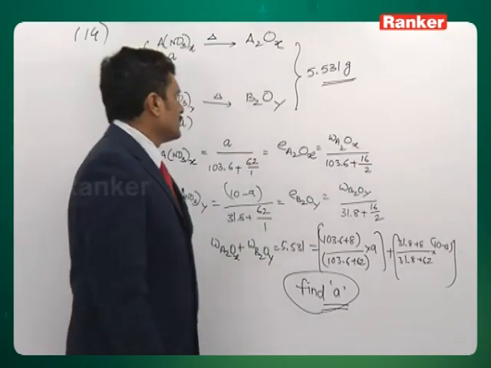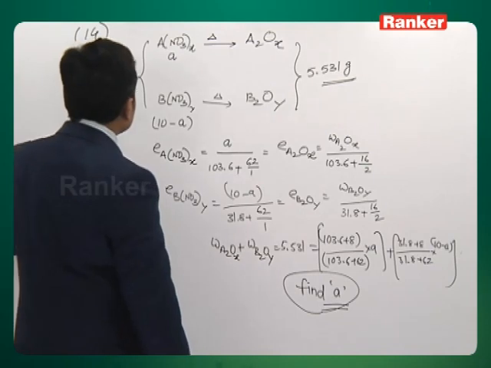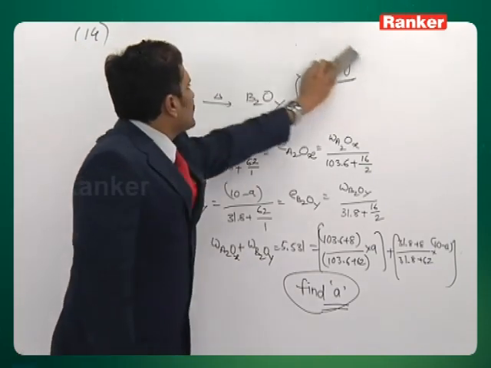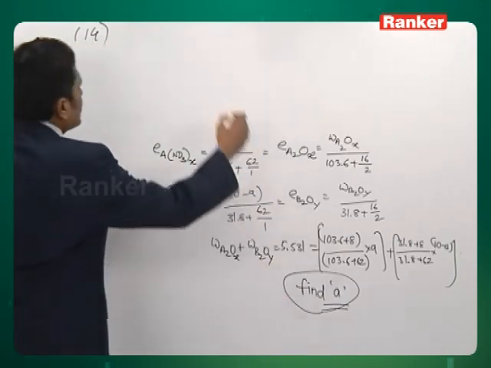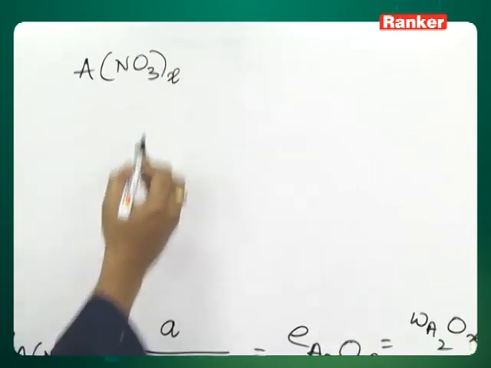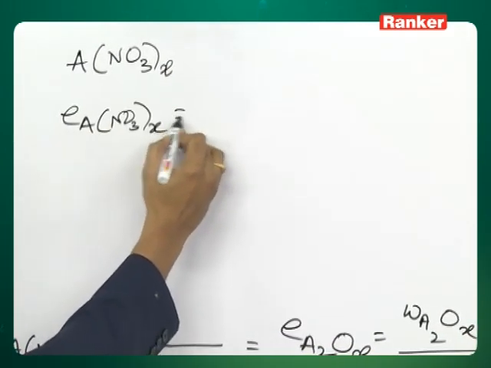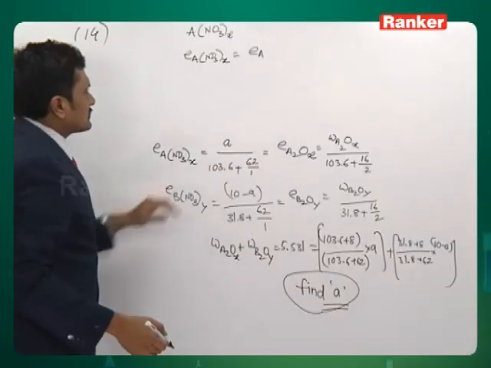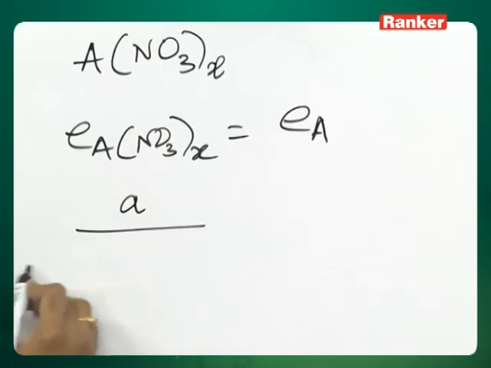After finding out the value of A, we will be using that to find the percentage of A in the mixture, because you know that A is present only in the first compound, and you know that the gram equivalents of ANO3 taken X is equal to the gram equivalents of A. Hence I will be writing the gram equivalents, that is weight of it by equivalent weight of it.